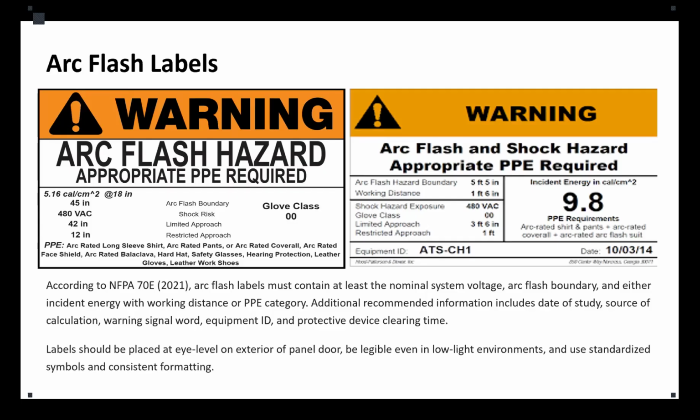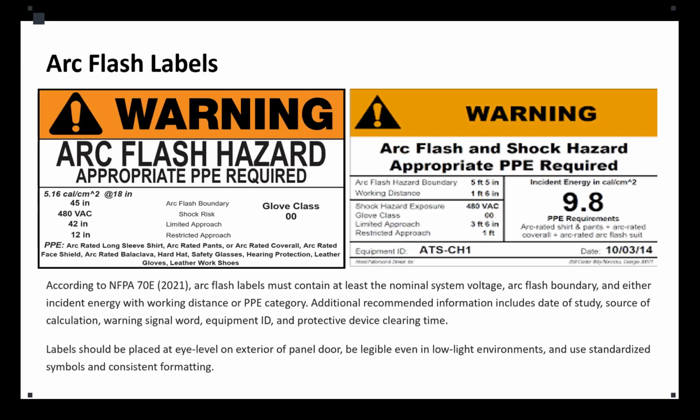You can have both of them, but you can have the PPE category to tell the workers what to do, or you have to have the incident energy and the working distance, so they can realize what level of protection they need.